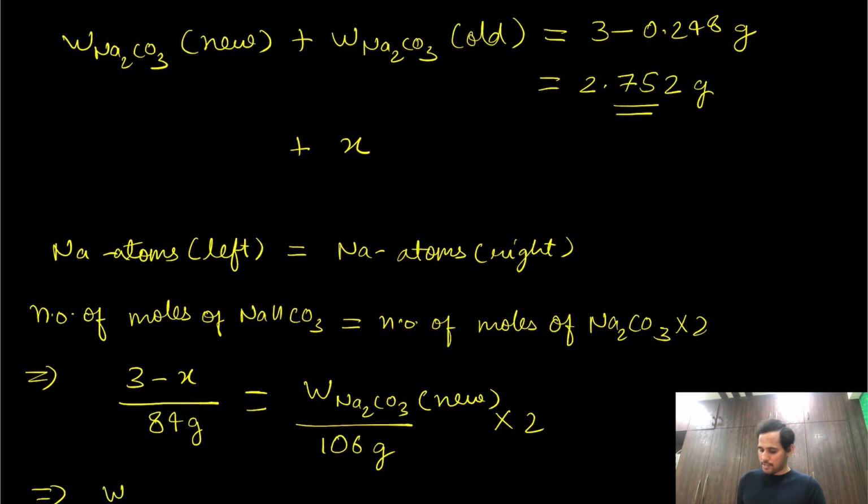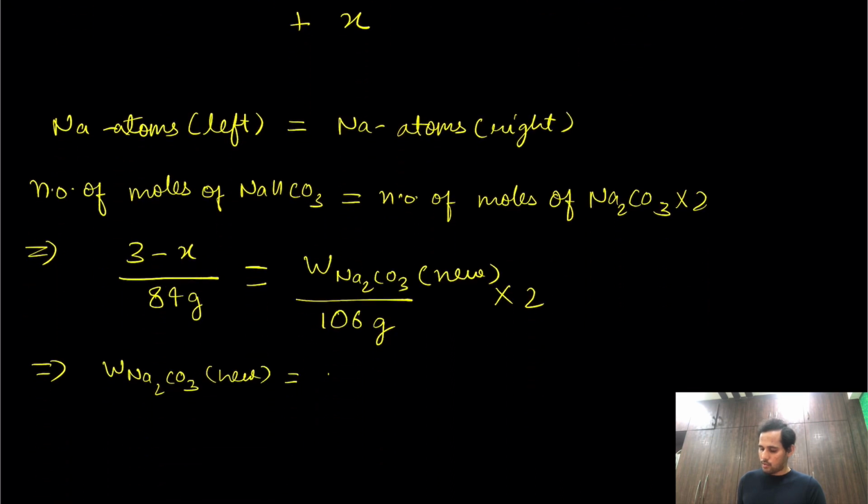So from here we can see that the newly formed Na2CO3 will be equal to (3 minus x) divided by 2 into 84 multiplied by 106 grams.